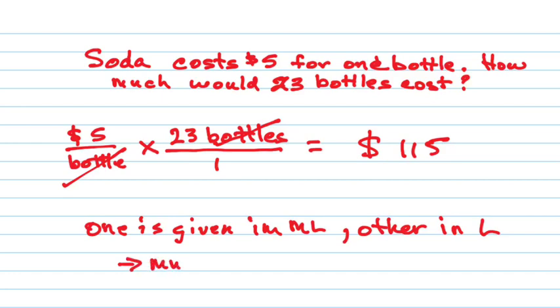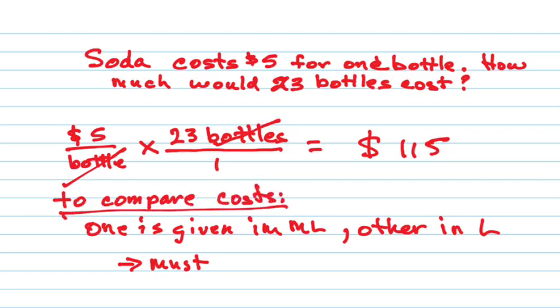You must. All right. So to compare costs, let's just say cost in this case. To compare cost, if one is given in milliliters and the other's in liters, you must convert to 1 unit. Sometimes it makes sense to do it one way, sometimes another way.